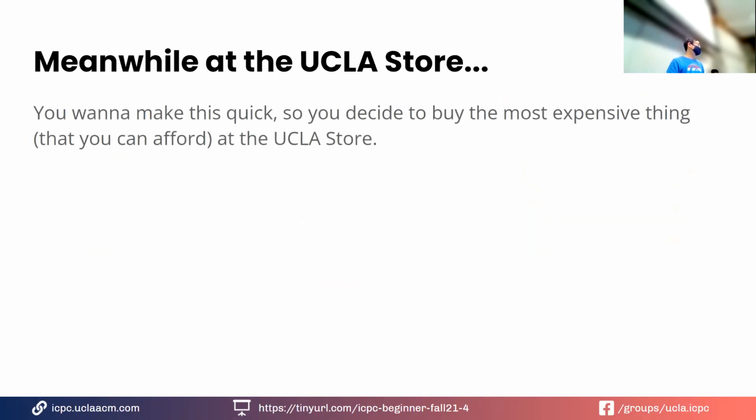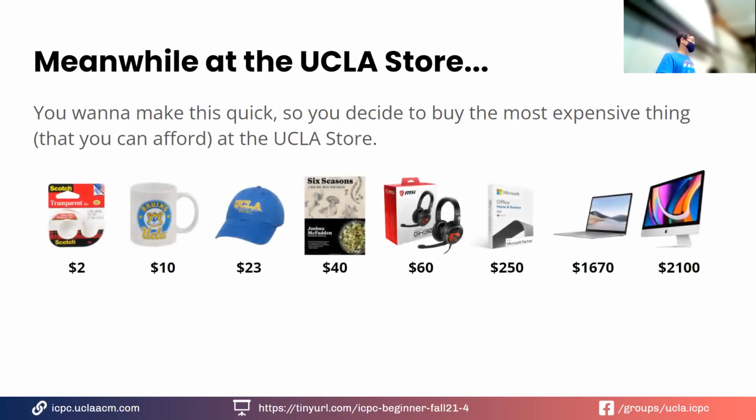You want to make it really quick, so you want to buy the most expensive thing that you can afford at the UCLA store. The store has a lot of different items, ranging from $2 Scotch tape all the way up to like a $2,100 iMac. So there's a wide variety of things that you could buy, but you're just looking for the most expensive thing that you can afford.